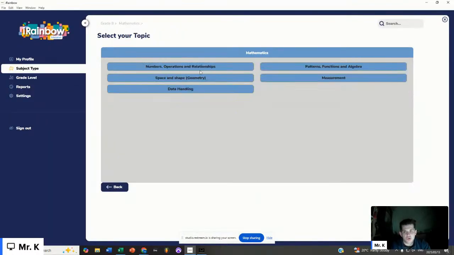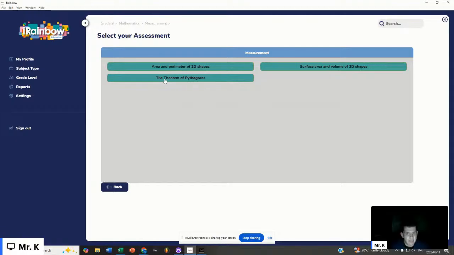When we go into grade 9 on iRainbow, your guys' layout should look pretty similar to mine. It shouldn't look all that different, but as we go into the software, we can go ahead and click on the topic of measurement over here at the bottom right, and then immediately you'll see a subtopic pop up, which is called the theorem of Pythagoras, right?